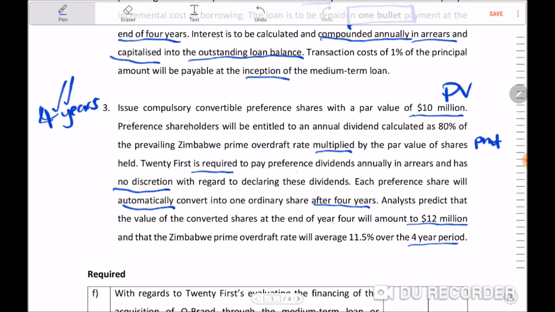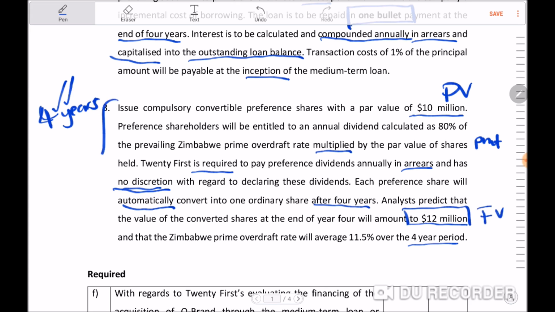Why? Because they are required to pay the dividends annually in arrears, and 21st has no discretion with regards to declaring these dividends. So this PMT is a definite payment by the end of each financial period. And at the end of the 4 years, I'm also told that the shares will amount to 12 million, which is my future value.